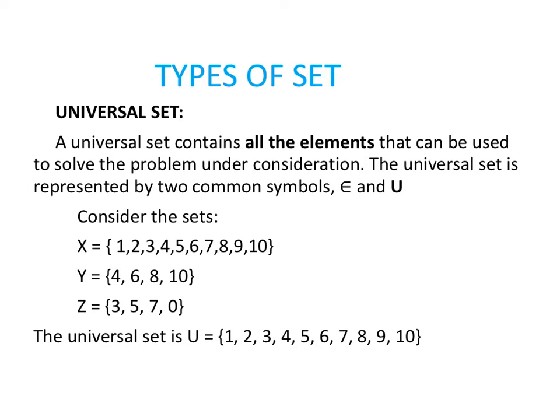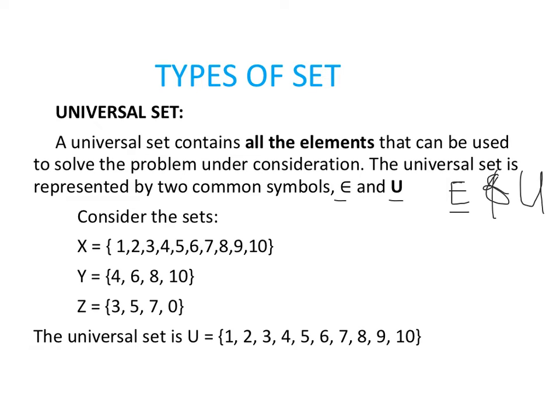The universal set is represented by two common symbols. We have this E and U. E in this case is no longer element of. This E stands for universal set. You can also represent it with the symbol U. E or U can be used to represent universal sets.